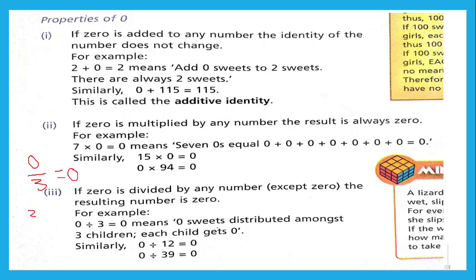But if there is a 3 and 0 is written in the denominator, now this is not possible. 0 in the denominator is actually undefined. You cannot divide any number by 0 when 0 is written in its denominator. So wherever you see any fraction in which 0 is written in the denominator, that is not possible, that is undefined.